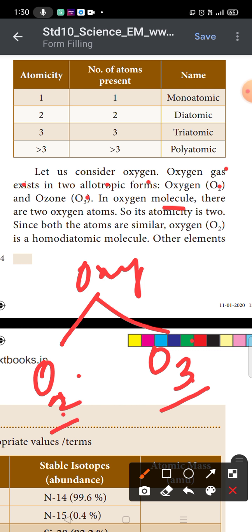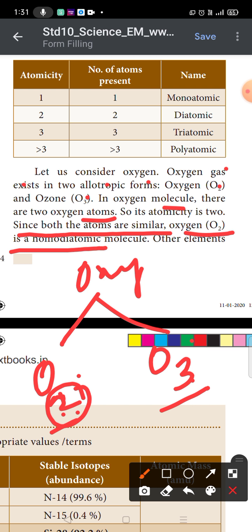In the oxygen molecule, there are 2 oxygen atoms because the number of atoms is more than 1. So its atomicity is 2, and both atoms are similar, only oxygen atoms. So oxygen O2 is homodiatomic.